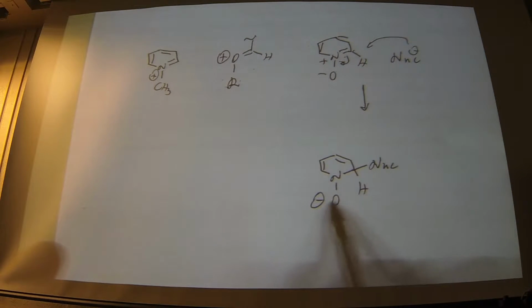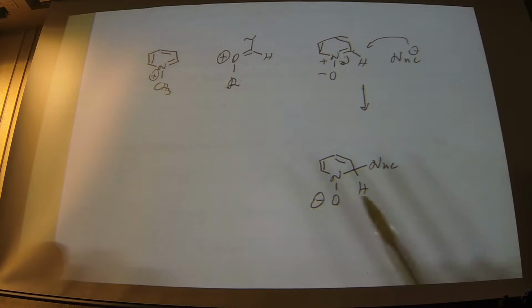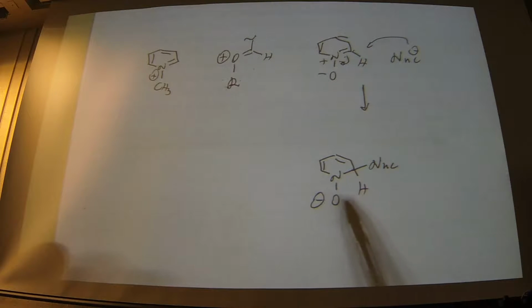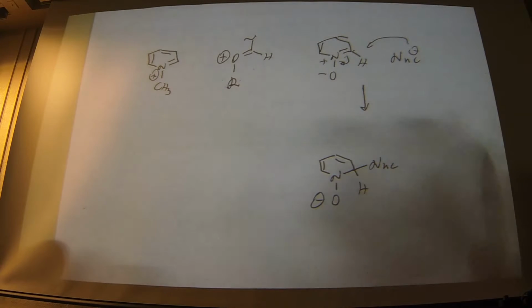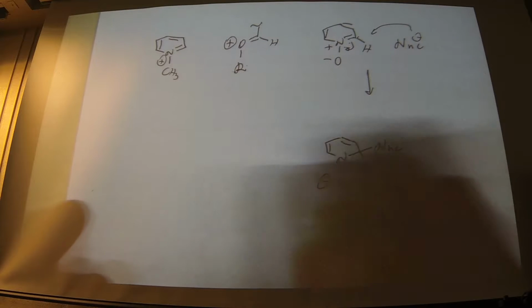Now here, you actually can regenerate the pyridine just by treating this with acetic anhydride, as I showed. It ends up being kind of a dehydration. If you think of this getting protonated, so in workup, this will protonate. Let's just show that.